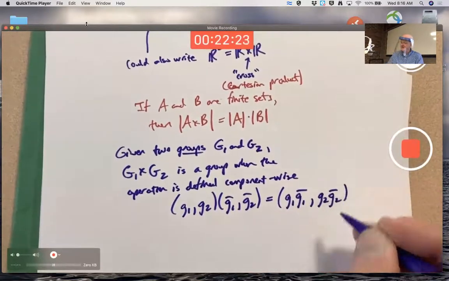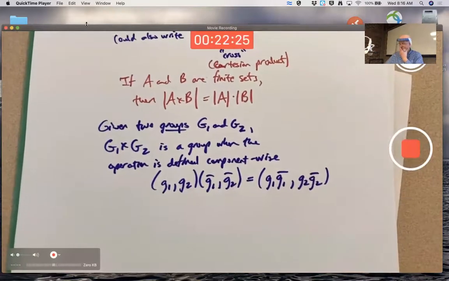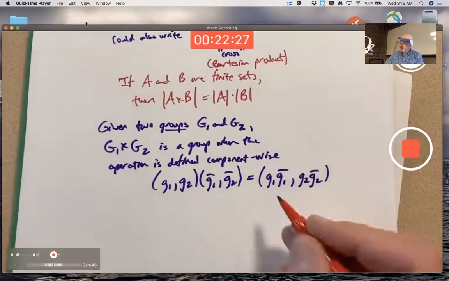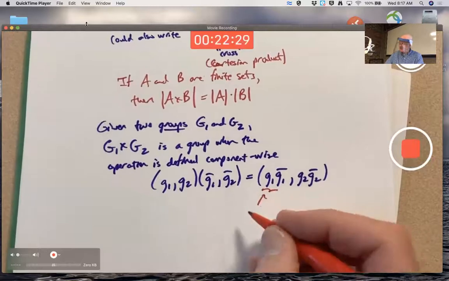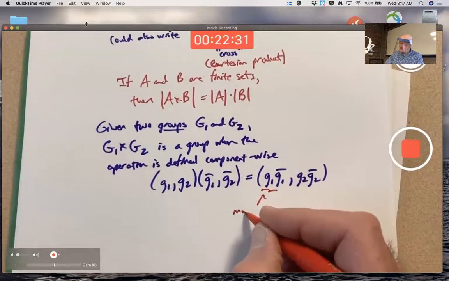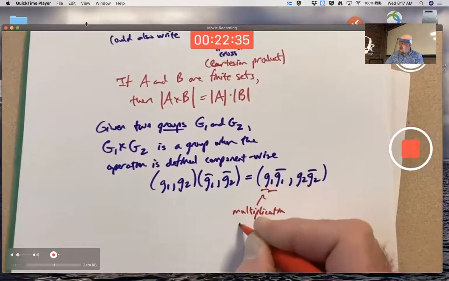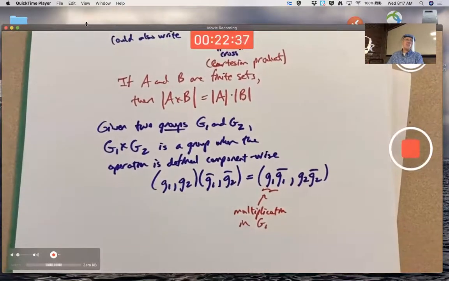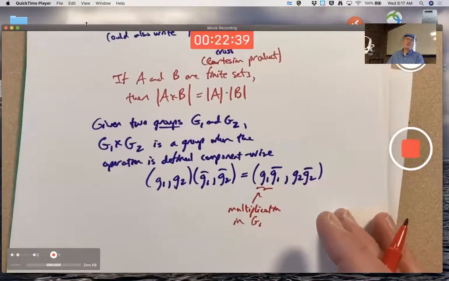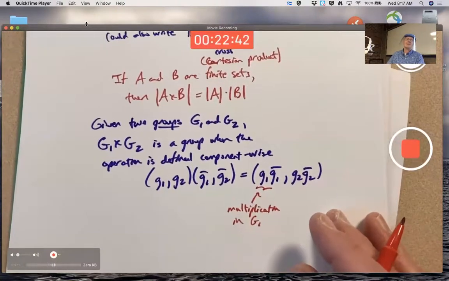And it's implicit here that this is a multiplication in G1. And if the operation of G1 was more like an addition, we'd actually use a plus sign instead, just like we do with R2.